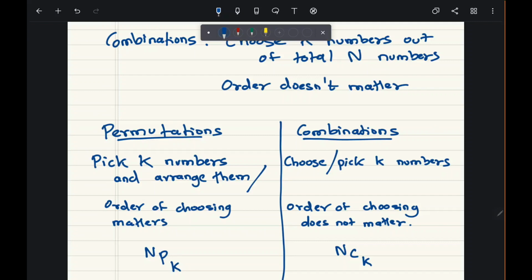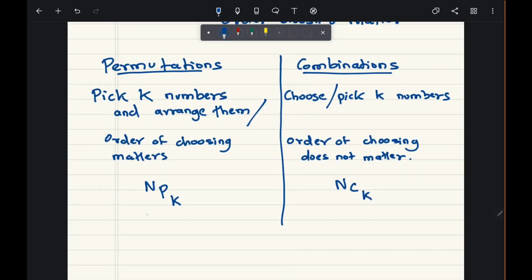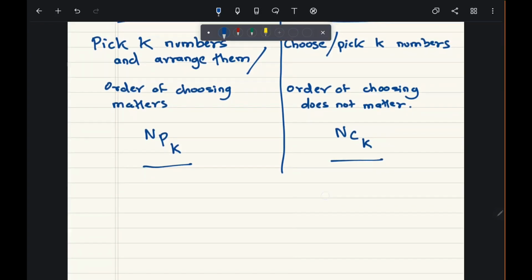So let's say you're picking 20 players out of 50. It does not matter in which order you pick them, it's still the same team or the same squad. So that would be an example of a combination. These are represented by nPk and nCk. So basically P stands for permutation and C stands for combination.